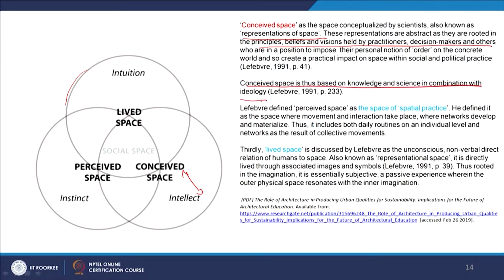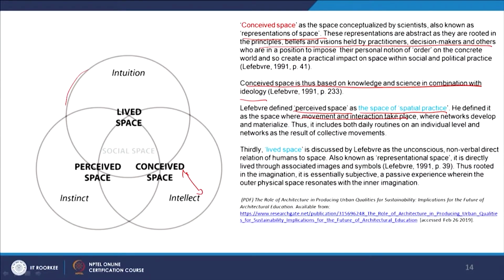Perceived space, the second form he talks about, is the space of spatial practice, where movement and interaction take place and networks develop and materialize. This is where daily routines at the individual level, as well as networks, keep building on. It is not only at an individual but also at the collective order. Then there is lived space, which is an unconscious and non-verbal direct relationship of humans to space, which is also a form of representational space.